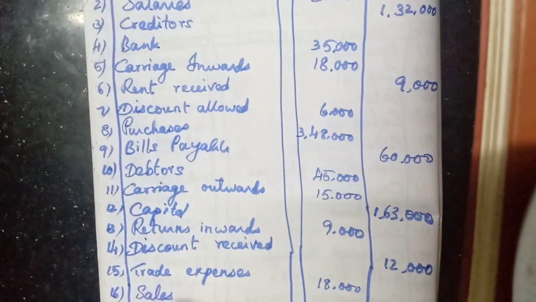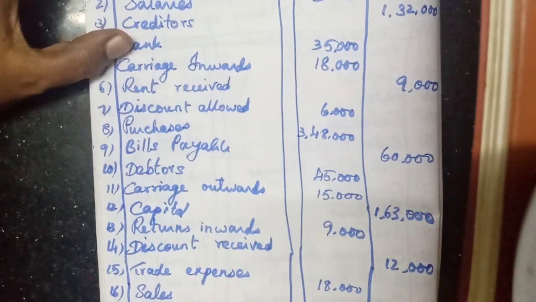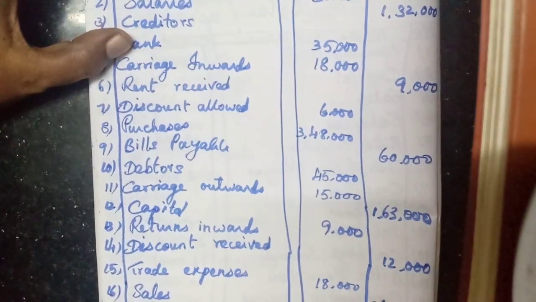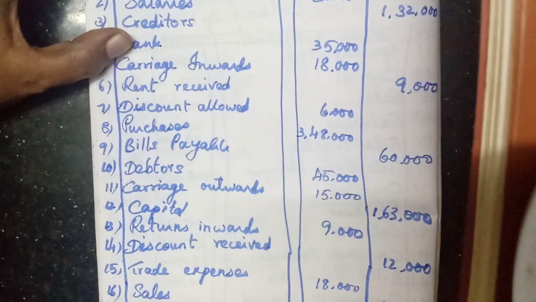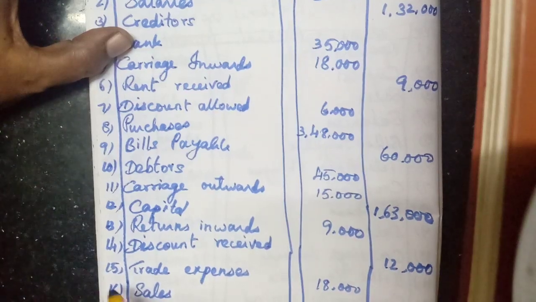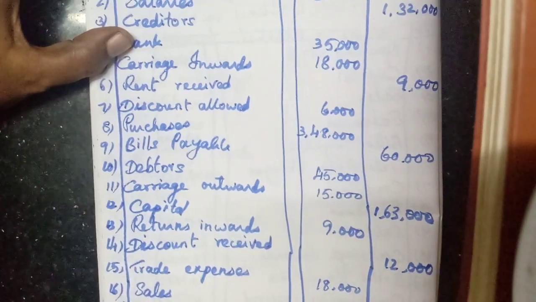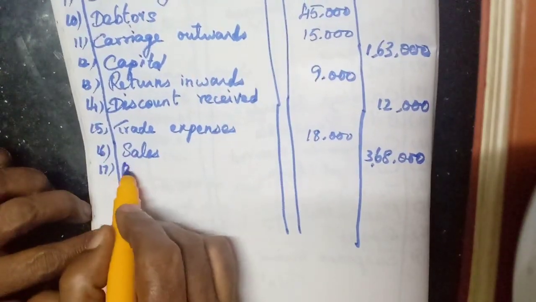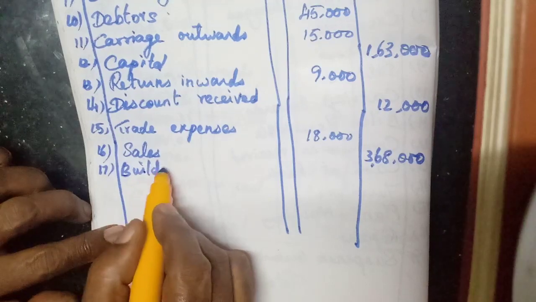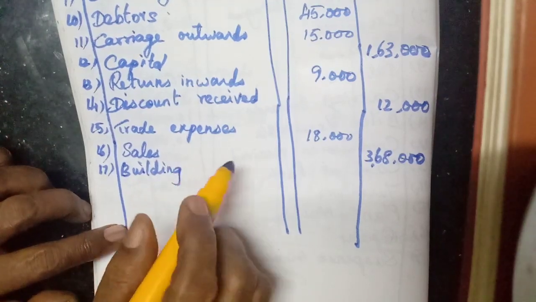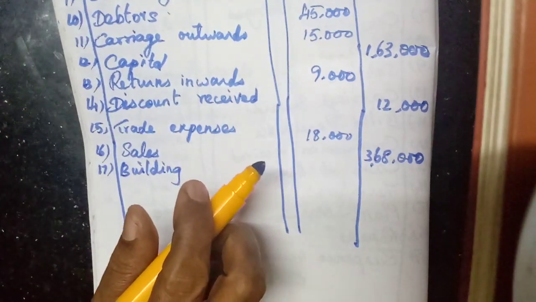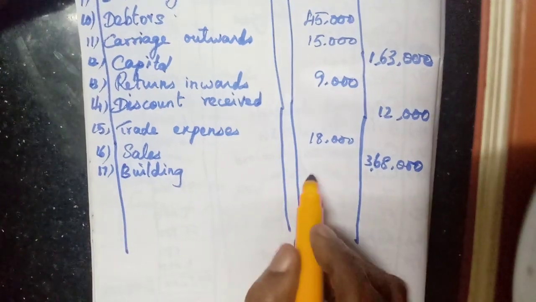Sales should be credited, isn't it? 3,68,000. Building. Building is an asset, it should be debited. Okay, 1,14,000.